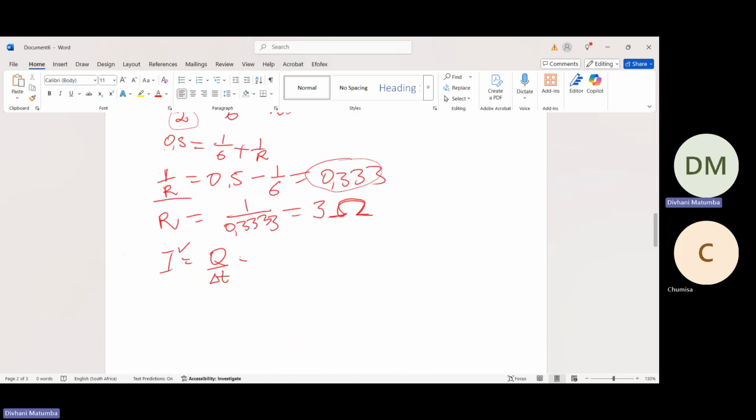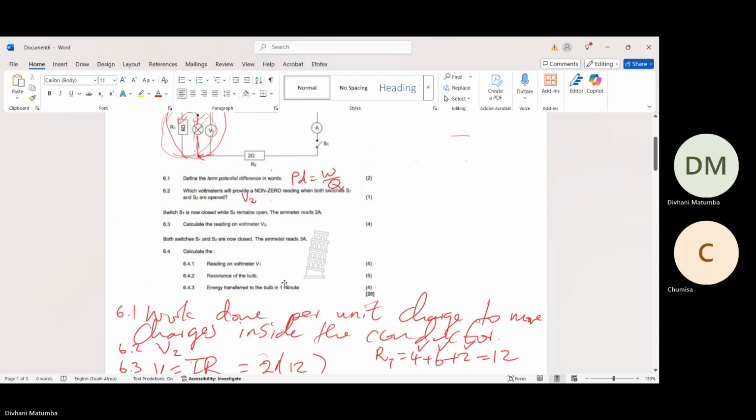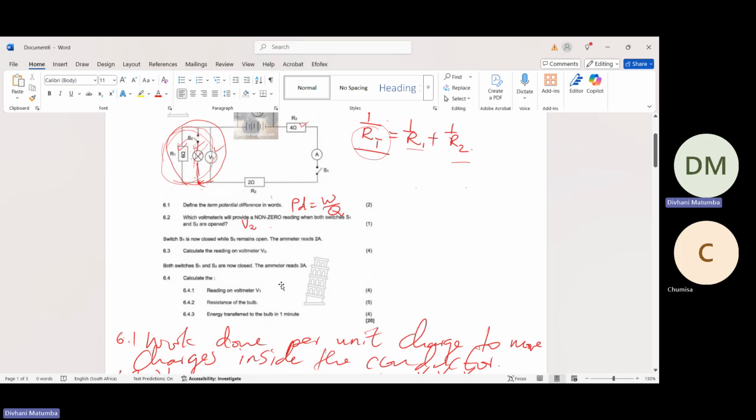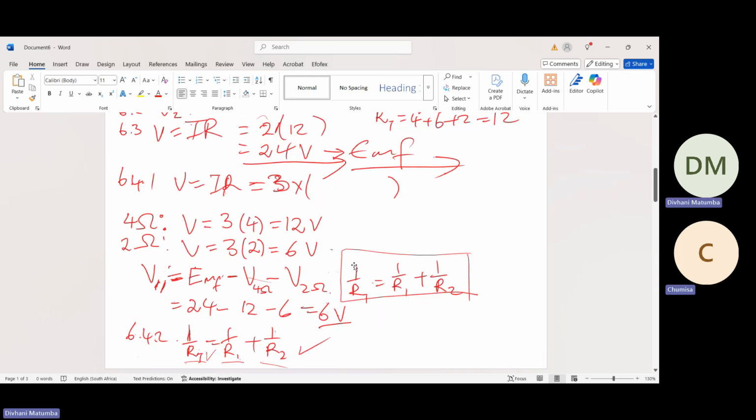Again, we're going to use Ohm's law. The current going through the bulb will be given by voltage divided by R. Now, what is the voltage across the bulb? It's 6, because we are talking about the voltage of V1.